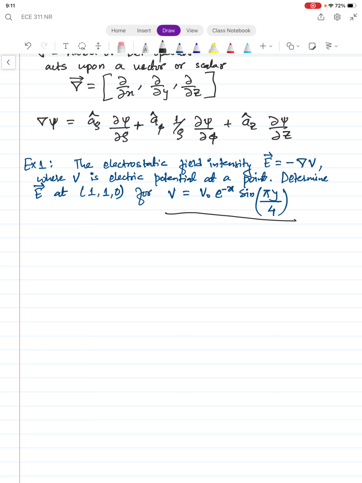So we'll proceed as E is negative del V. Okay, that means that is negative, and our del V in Cartesian coordinate is a_x hat partial V partial x plus a_y hat partial V partial y plus a_z hat partial V partial z.